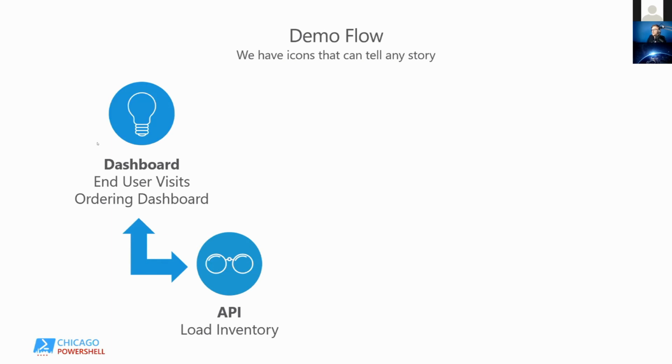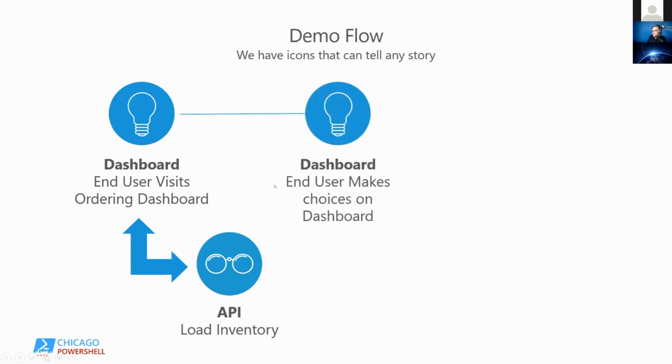So we have a demo that an end user can visit. They can submit orders. You can build tooling in it. You can also just display information in a dashboard. That dashboard is very easy to interact with an API as well. As we move through it, we can be sending data back and forth, running standard PowerShell commands. The only thing about Universal Dashboard is I have some commandlets to put stuff on a dashboard, but those things also return objects that we can interact with using standard PowerShell.